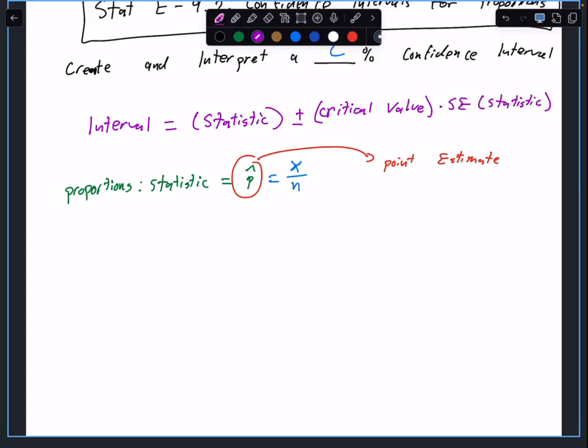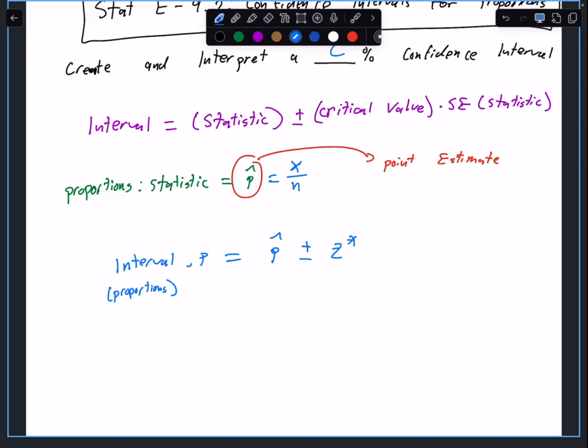So in doing that, we can say that our interval for proportions, P, is equal to p hat plus or minus z star.